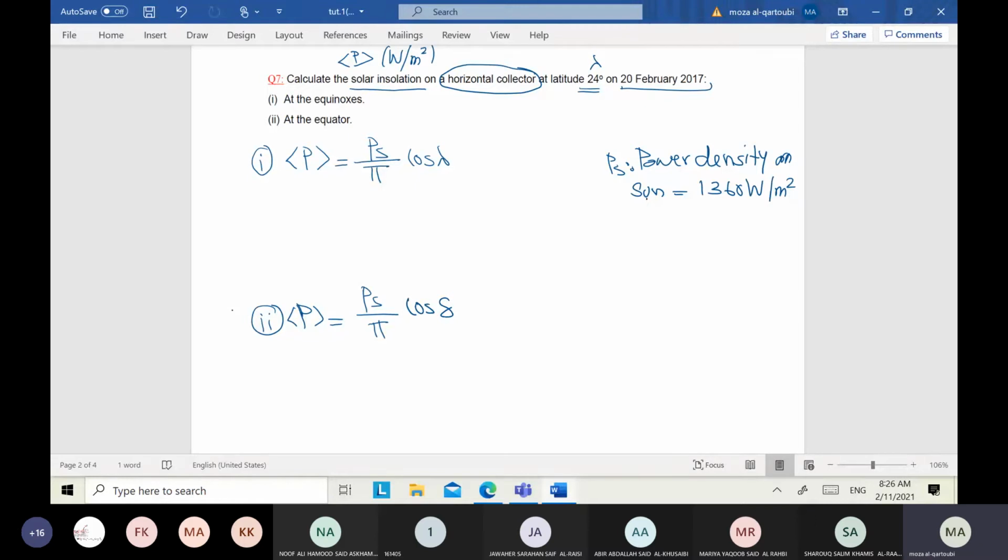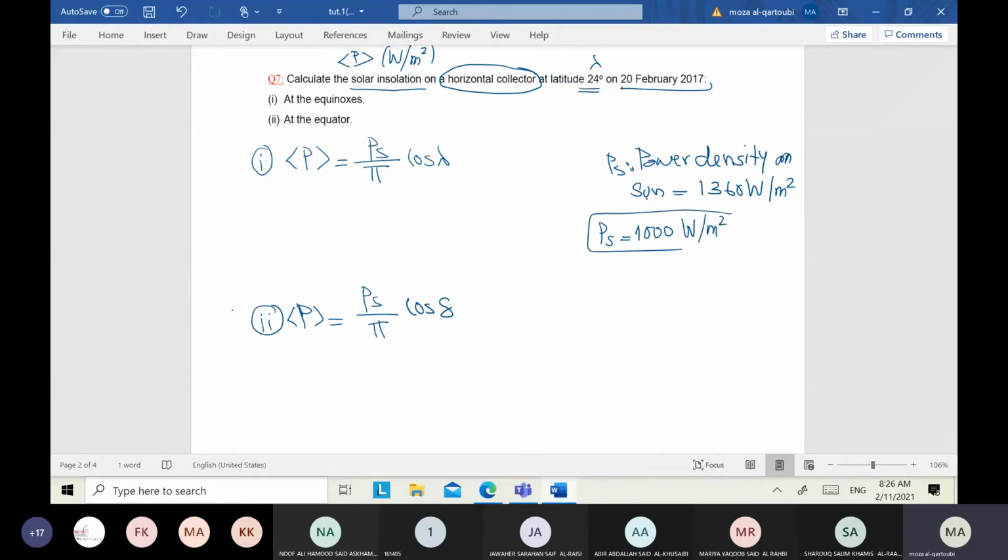The radiation from the sun will reach the atmosphere and will be reduced by 360. So the power density at the atmosphere, as it reaches the atmosphere it loses part of the radiation, which is 360, so it will be 1000 watt per meter square.